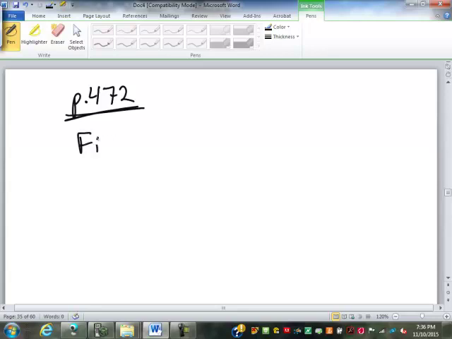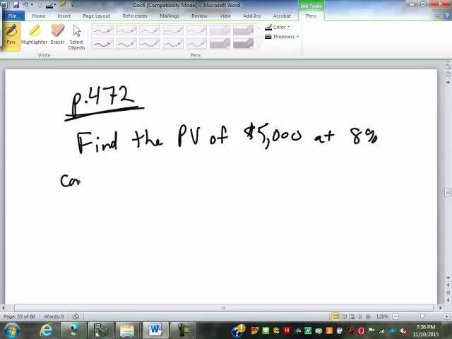So let's find a simple one here. Let's find the present value of $5,000 at 8% compounded quarterly for 4 years.